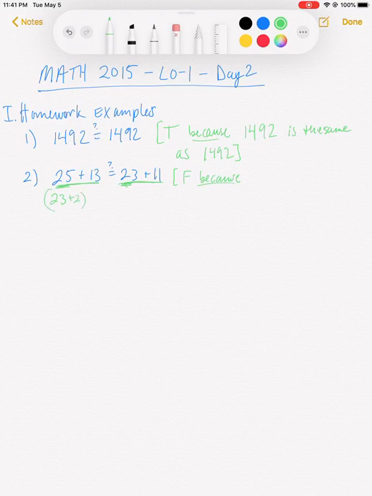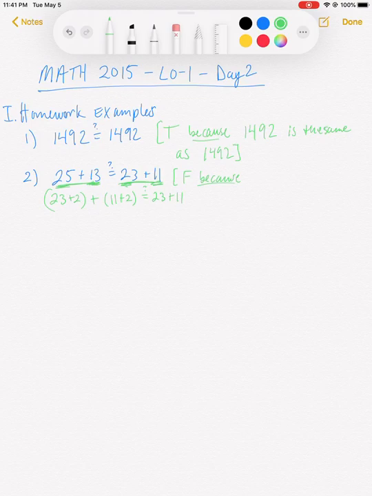We can substitute that expression in for 25. And the 13, notice that the 13 is 2 more than 11, which is going to be 11 plus 2. Is that still equal to 23 plus 11?